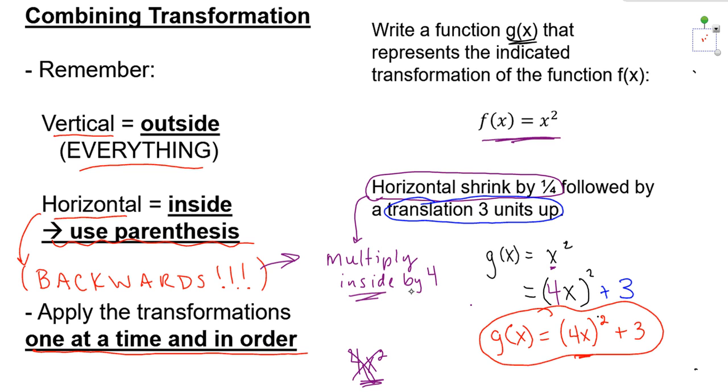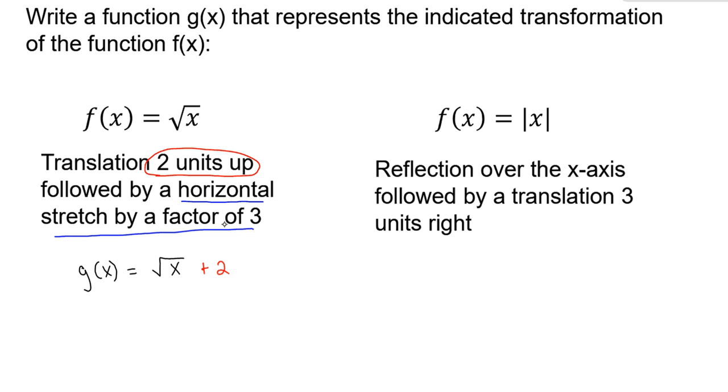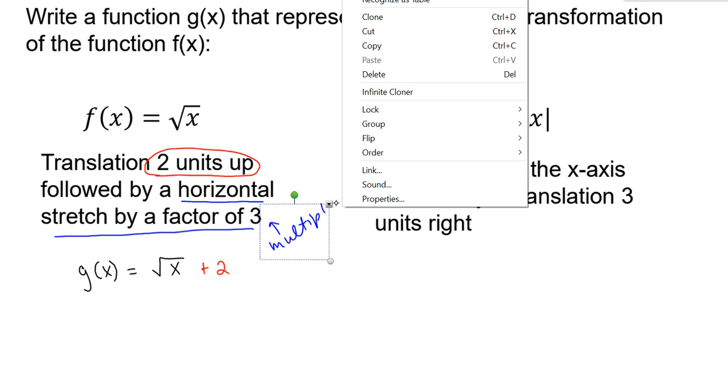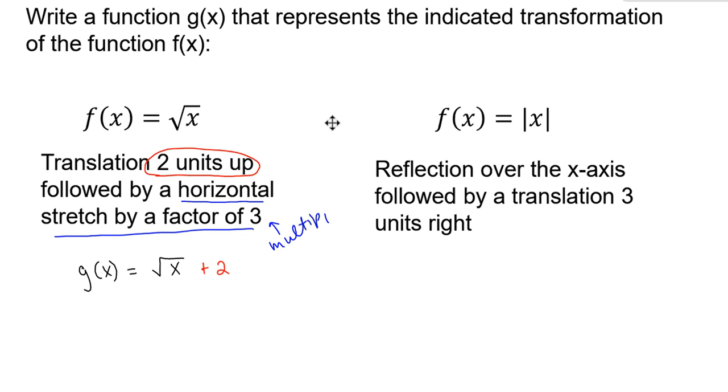So even though we're doing a stretch by 3, we're actually going to multiply inside by 3. Just kidding, by 1/3. I caught myself. By 1/3 because that's the reciprocal.